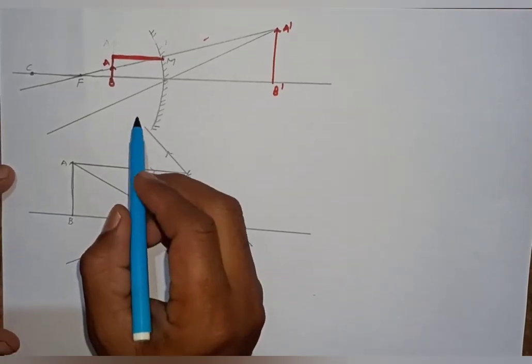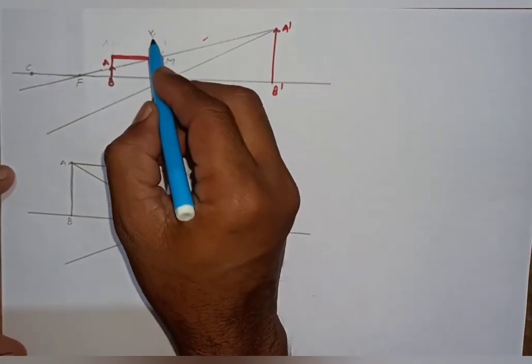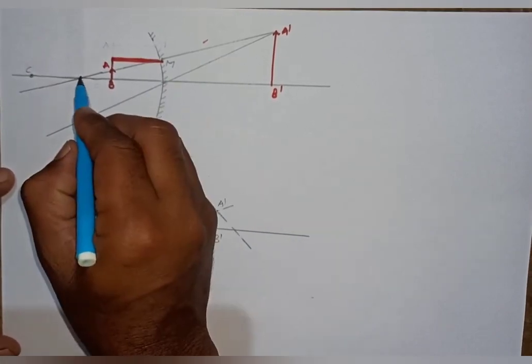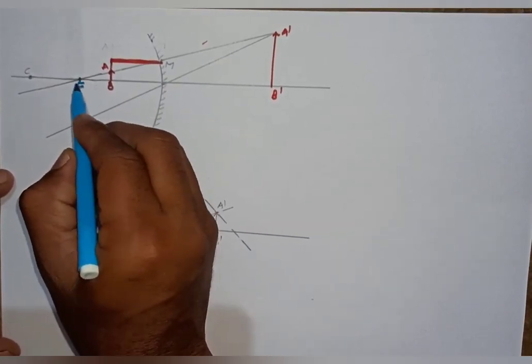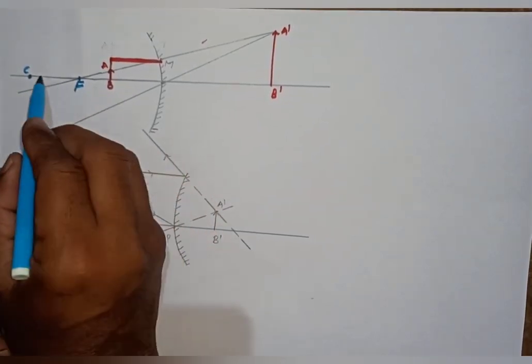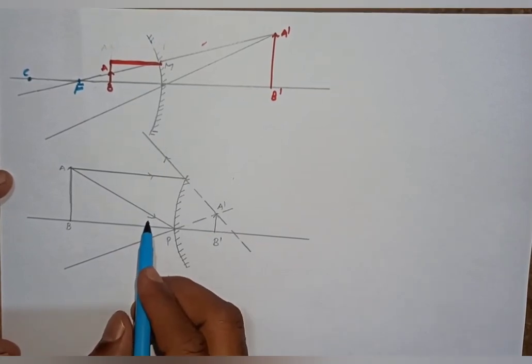Okay, see here two diagrams. This is a concave mirror. So it is the principal focus, center of curvature C, and this is the principal axis.